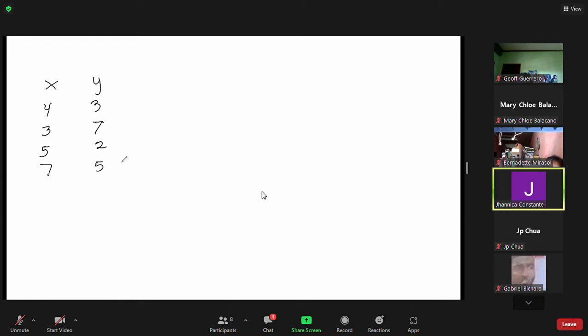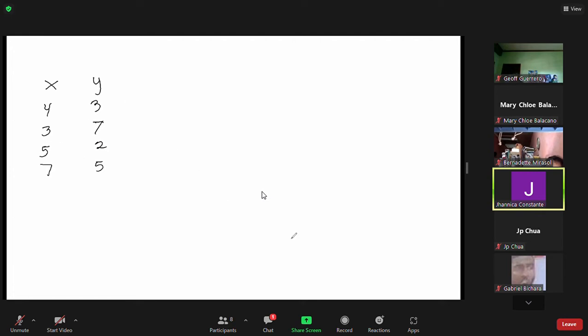Using the Spearman formula, you need to rank the values for x and the values for y from highest to lowest before you identify the difference in each rank.